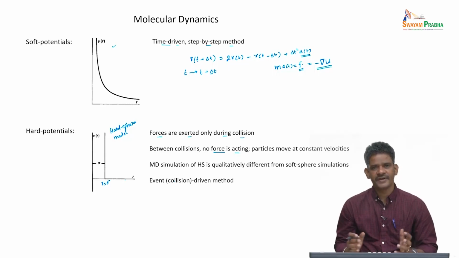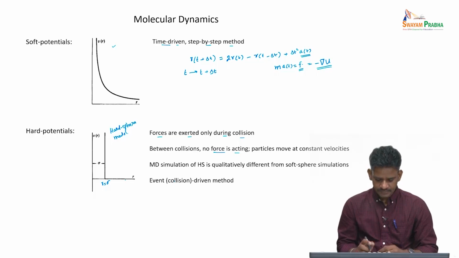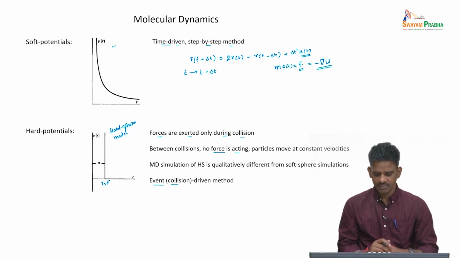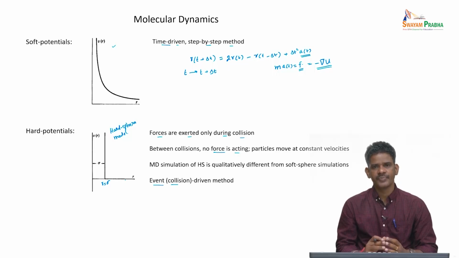So, in a system of n particles, we basically find who the next colliding partners are, and when they collide, we have to conserve energy and momenta, and between those collisions all the particles will move with respect to their velocities at a constant value. Because of this, the hard sphere MD simulation is known as an event driven or collision driven method. We are going to discuss in detail how to execute MD simulation of hard sphere systems.